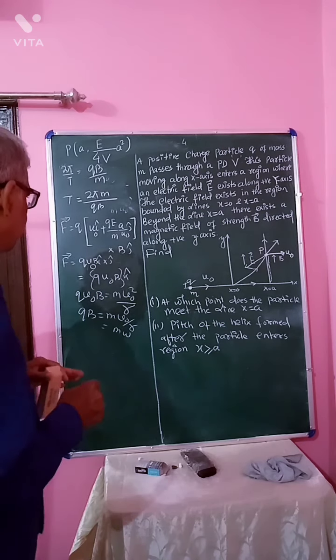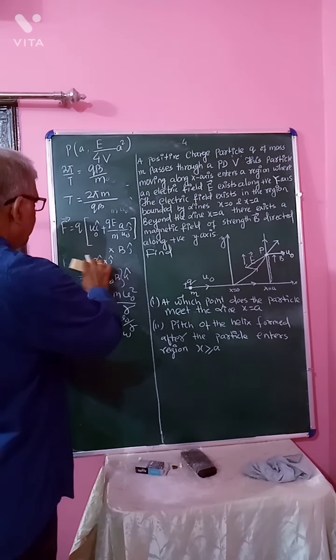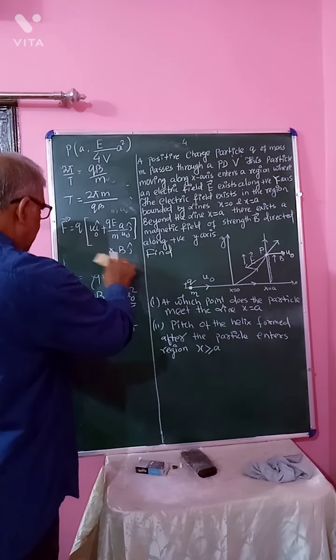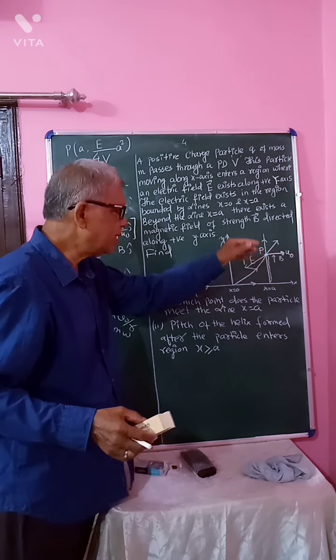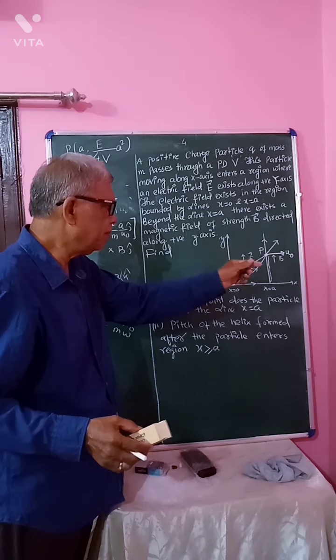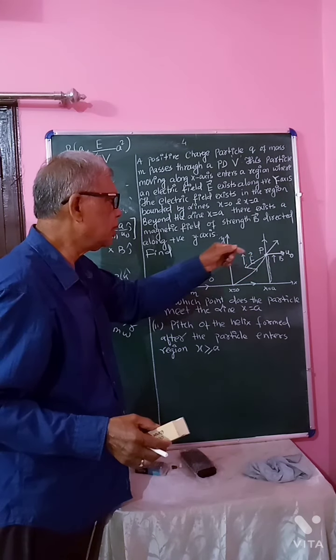So how to find out the pitch? Now pitch is the distance covered by the charged particle along y direction in the time the charged particle describes one revolution.